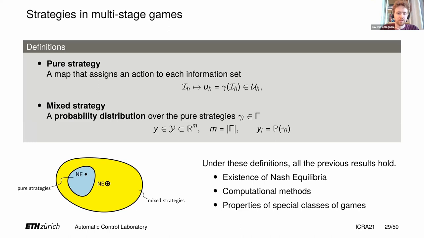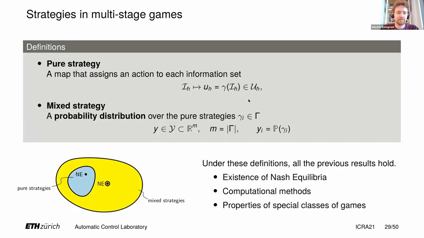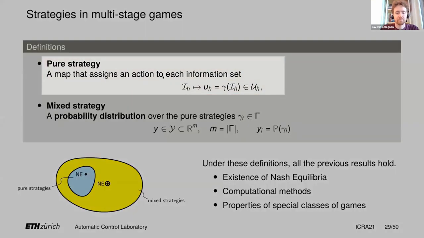Now, if you agree on this terminology, then the definitions that we have seen before can be naturally extended. A pure strategy is going to be now not an action, but a map from information sets to actions. So a pure strategy for player one is that it's going to play u_H in information set H, with H equal to 1, 2, and so on.